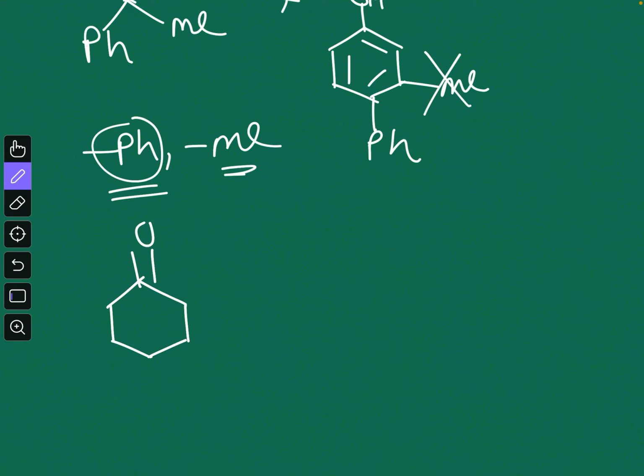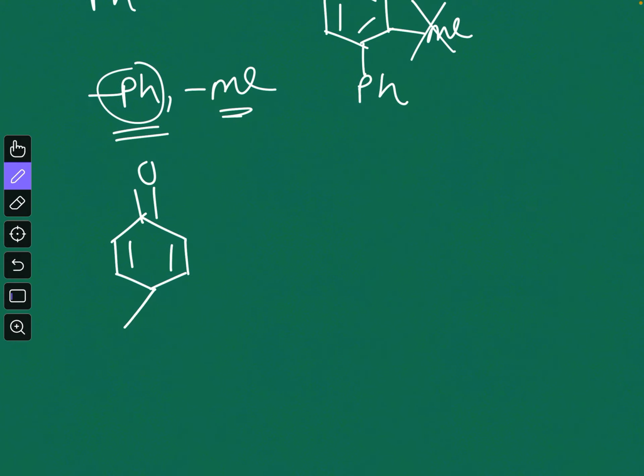Let's say you have this dienone, and here you have this phenyl, and on the other side you have this ester group. So this is the thing. Now you can have two products.